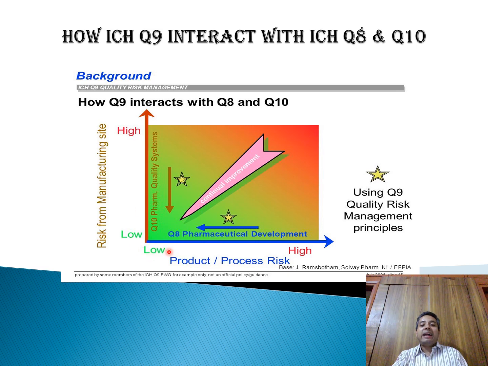If the identified risk in pharmaceutical development or pharmaceutical quality system is classified as low risk, then we can say that the system is in continual improvement, or the process is in continual improvement.